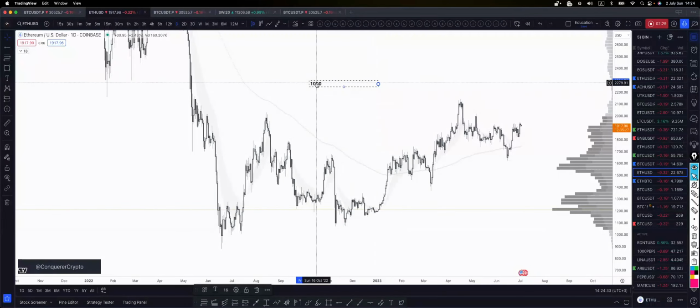So I'm going to go into some higher time frames. Obviously, you cannot do it on your alts, because they don't have enough data, but you can do it with ETH, BTC, and older assets like this. So let me see.